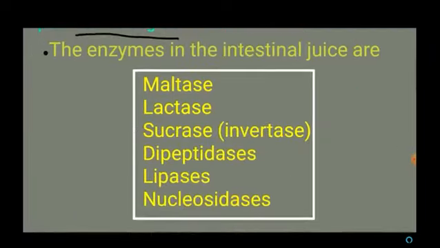So what are the enzymes present in the intestinal juice? They are maltase, lactase, sucrase, which is also called invertase, and dipeptidase, lipase, and nucleosidases. These are the enzymes present in succus entericus or intestinal juice.